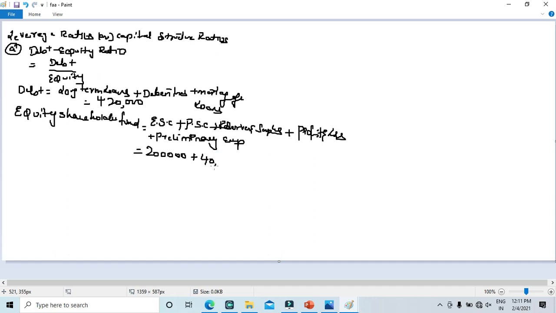So what's the next one now? The final one. If you see these formulas, what's the last one? Proprietary ratio, equity shareholders funds by total assets. So here the denominator will become the numerator.